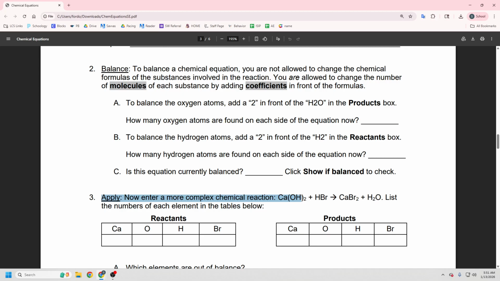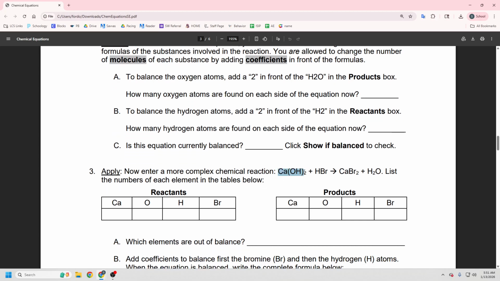Now enter a more complex reaction. Ca(OH)2 plus HBr, and the products are CaBr2 and H2O.